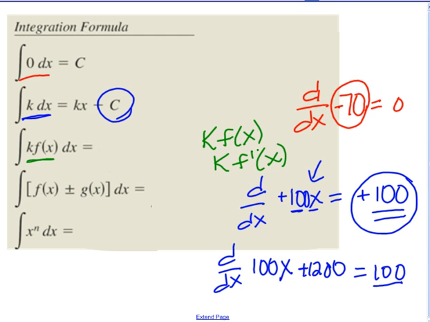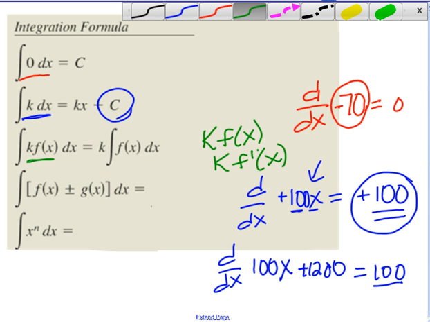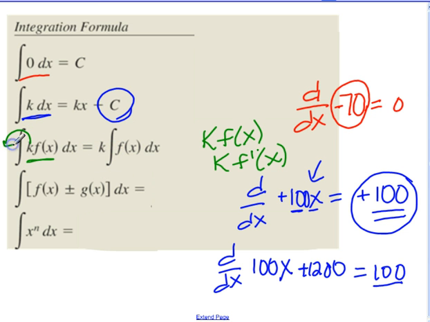Well, what's nice is it works the same way with antiderivatives. If I'm doing an antiderivative, and this is helpful in a lot of cases, instead of worrying about taking the antiderivative with the constant in there, I could pull the constant to the outside. And when I do that, I just have to take the antiderivative of the function on the inside. And that'll be helpful in a lot of different cases.